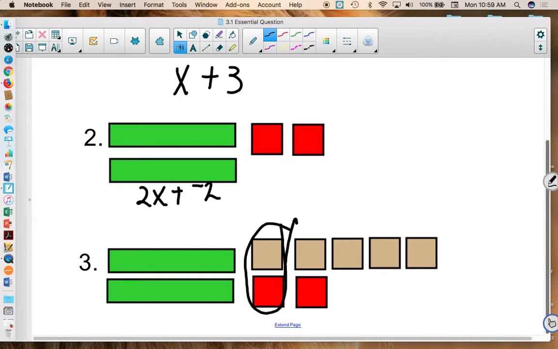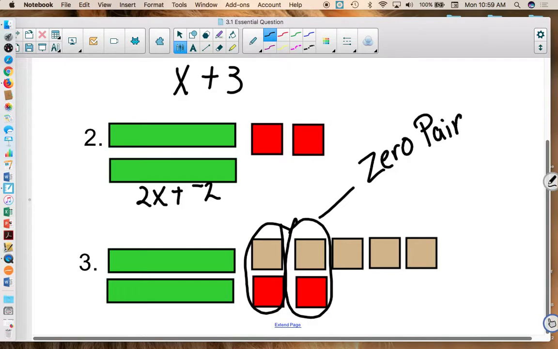I haven't used the terminology today, but we have in the past. What do we call that, Aaron? 0 pairs. Good. So anytime I have a positive and a negative, I have what is called a 0 pair. They cancel each other out. Okay, those are 0 pairs.